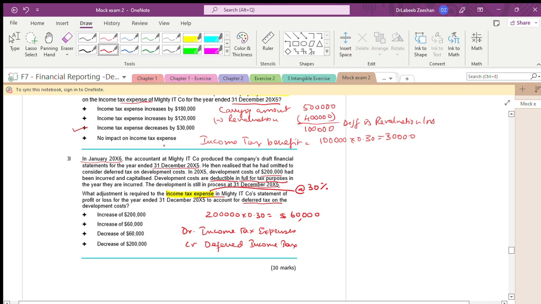What adjustment is required to income tax expense? You see, they are saying that the development cost is deductible in full for tax purposes in the year they have incurred it. What will happen with respect to tax purposes?